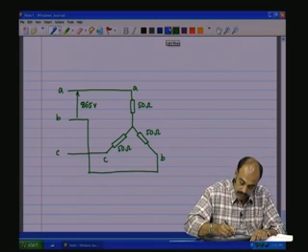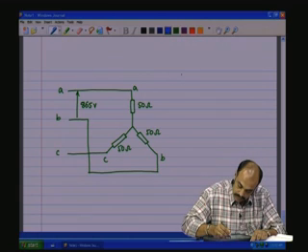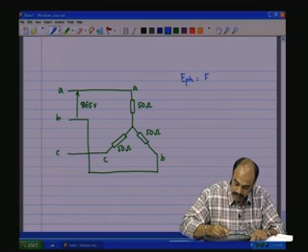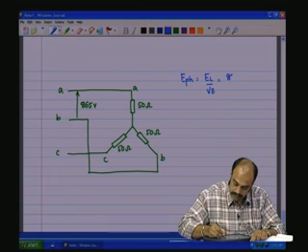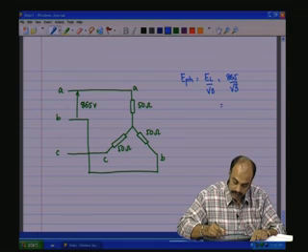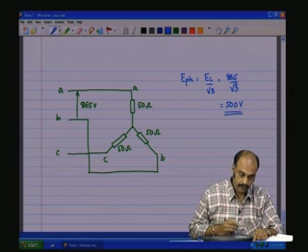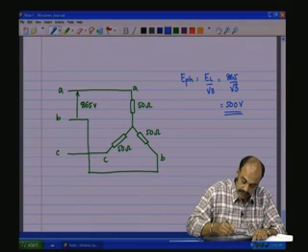Okay. So, now what is the phase voltage? The phase voltage will be line voltage by root 3, which is 865 by root 3, and that is equal to around 500 volts.